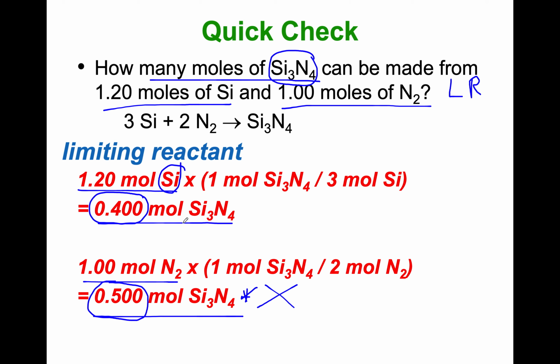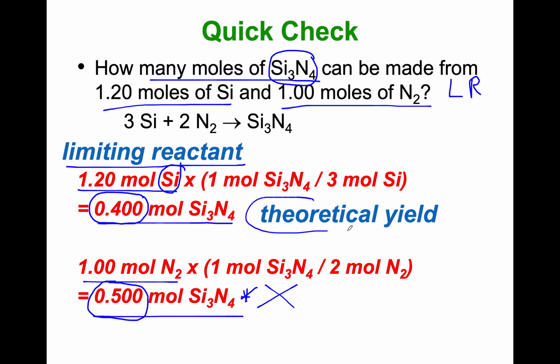If that's the limiting reactant now, this is what it also tells us. That's going to run out, and theoretically, this is the maximum amount that we can form. I hate that terminology, but okay. What I just said was this is the maximum 0.400 moles that can form.